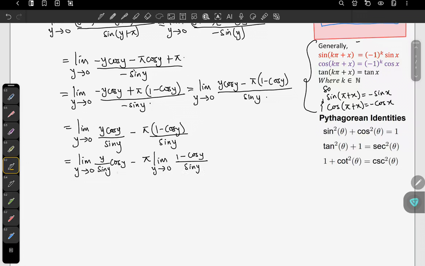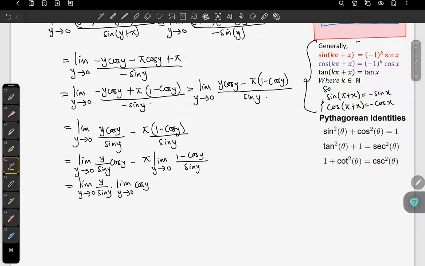Interesting. So you observe that I have rewritten the first fraction in a funny way, and that is because I can see that I can break this down into the limit as y goes to 0 of y over sine y times the limit as y goes to 0 of cos y.